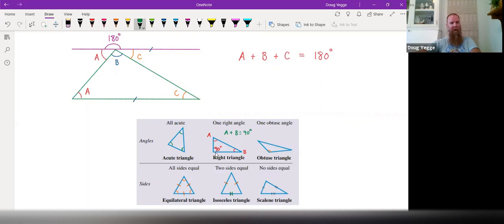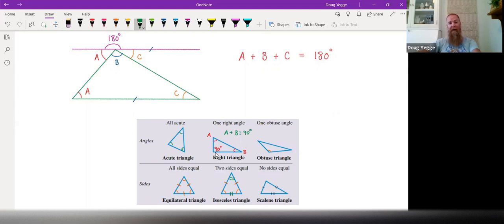Now, more importantly, when you look at the opposite angles of those two sides, then this angle here, opposite this side, and this angle here, opposite this side, are also congruent to each other. However, this top one is not congruent. Okay, so that's what we refer to as an isosceles triangle. It's got two legs that are congruent to each other.